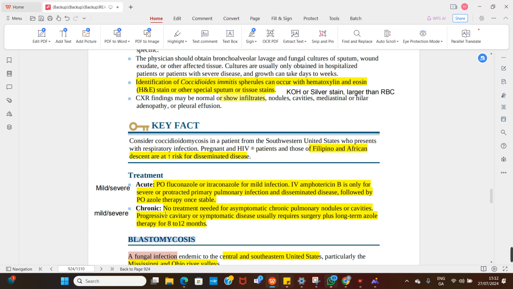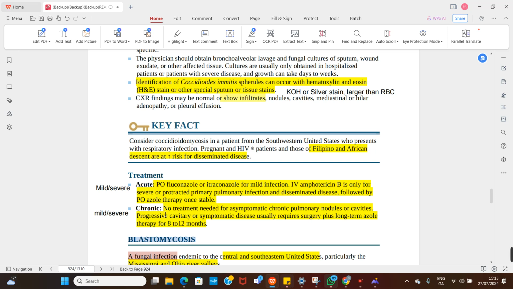Once the person has a chronic cavitary lesion in histoplasmosis, you have to give drugs. But in coccidioidomycosis, the chronic form, once it's stable, do nothing. If it is progressive, if the person is symptomatic, you have to do surgery and give your azole. Don't forget, you have to do surgery to remove the cavity.